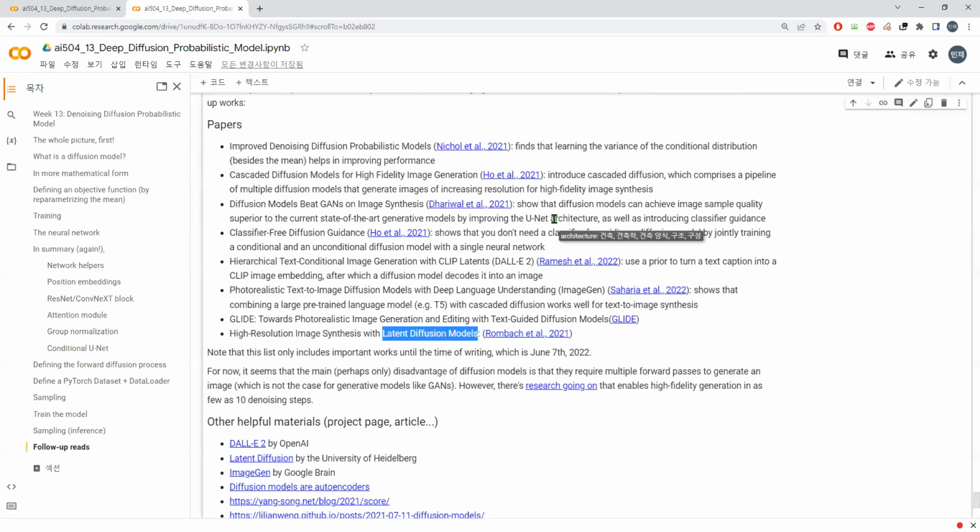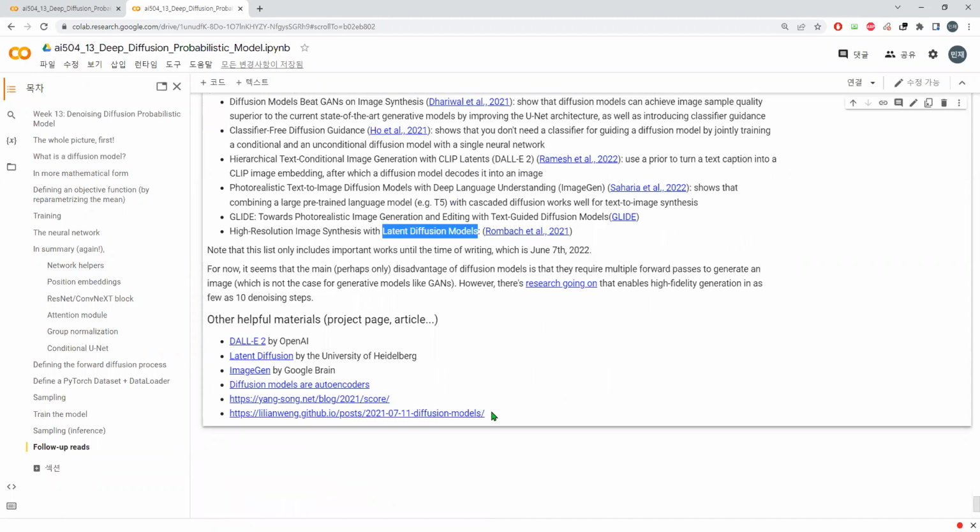Every other paper employed the mathematical notation used in the original DDPM paper. So if you want to start, please fully understand what the original DDPM paper said.